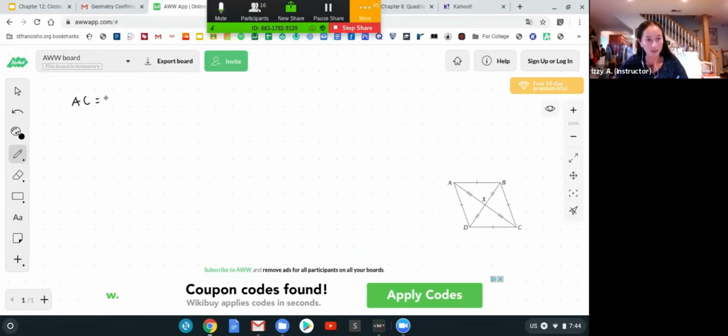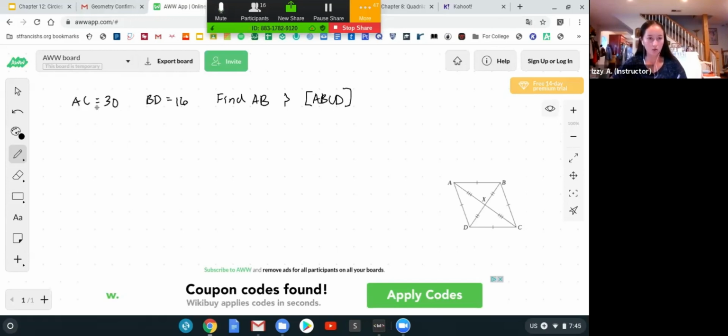We know that AC is equal to 30 and BD is equal to 16, and we want to find AB and the area of ABCD. The area of ABCD is simple because we know the lengths of the diagonals, AC and BD.